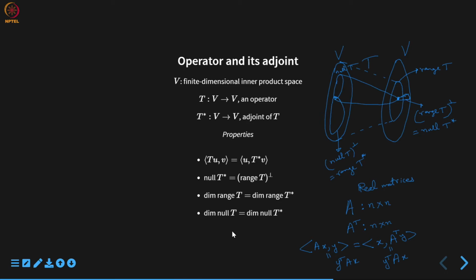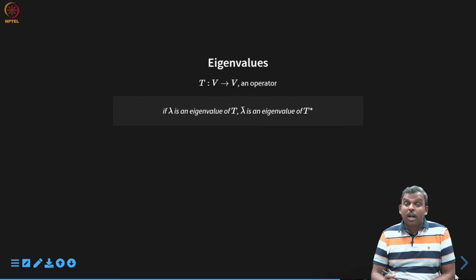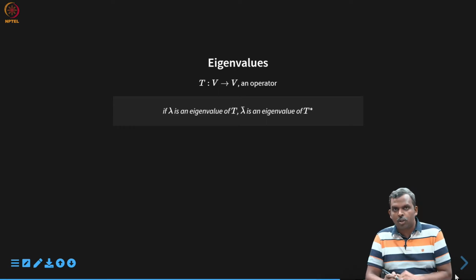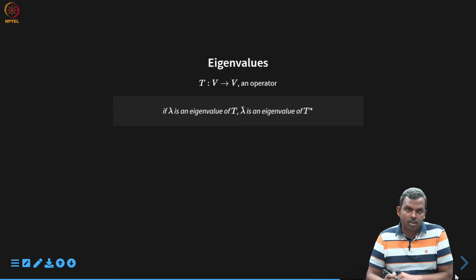So this is interesting. What about eigenvalues for the adjoint? When T itself is an operator, T will have eigenvalues, and T star also is an operator, so T star will also have eigenvalues. Is there a connection between these eigenvalues? It turns out there is a very nice connection.